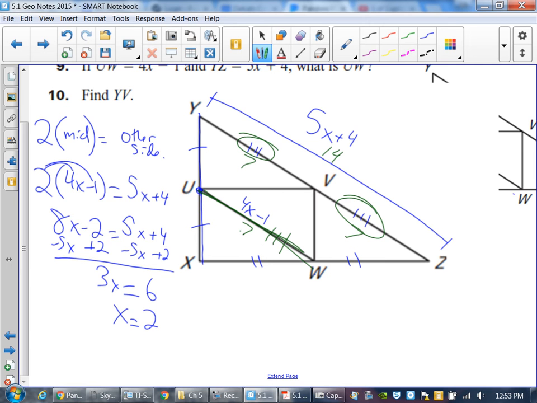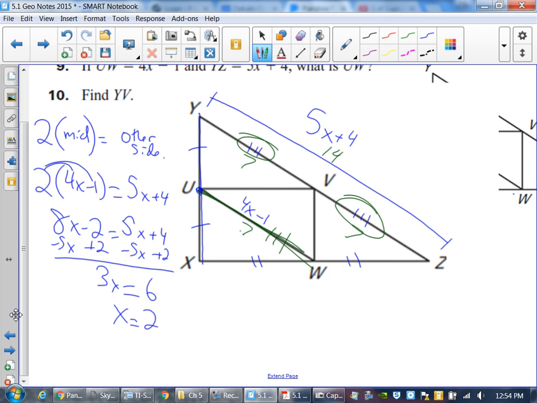Can you guys see the whiteboard okay? What happens when you have these mid-segments? If I say this is x and this is x, how much is that whole side? 2x.